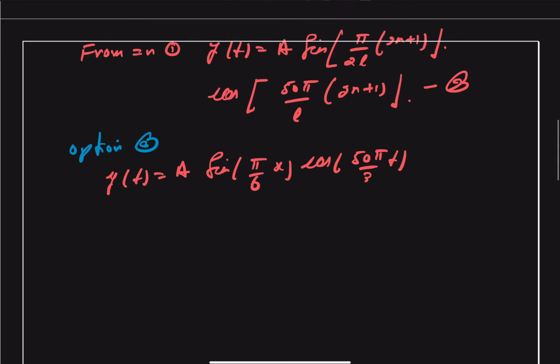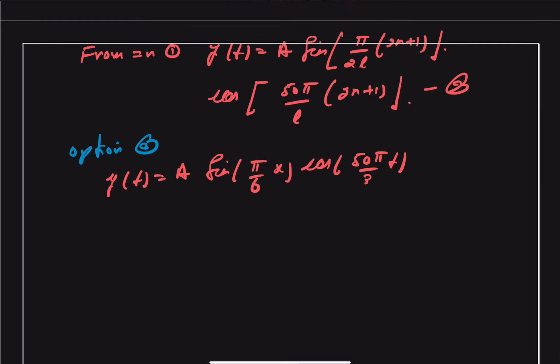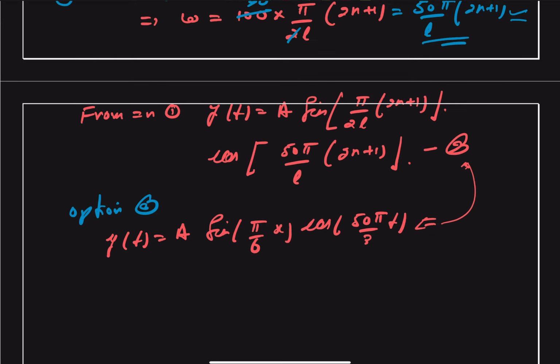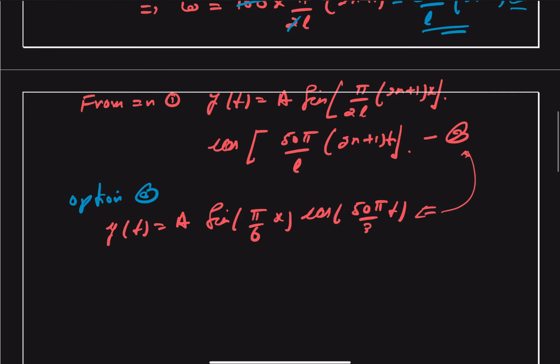And we are going to compare our option A with this equation 2, a one-to-one comparison. I missed it here, this should be x and this should be t. We are going to make comparison of the value of k with respect to the general equation k and the value of omega with respect to the general equation of omega.